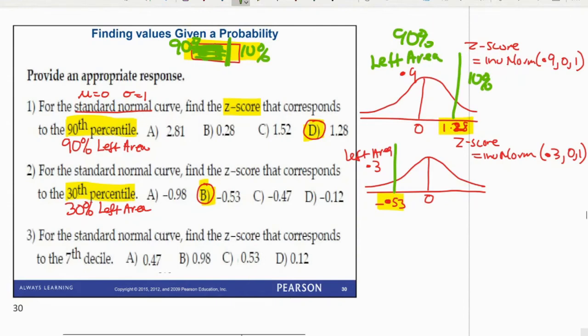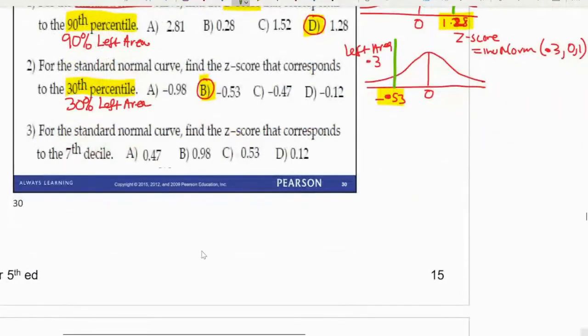Okay, let's look at the next question, question 3. So they tell us the 7th decile. Now, decile means you have broken things into 10 equal parts.